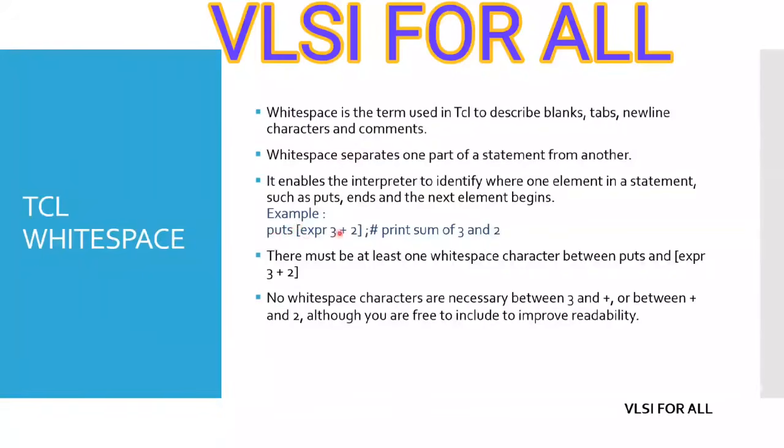After puts, one space is compulsory, and after expr, space is compulsory. But the space between 3 and plus or plus and 2 is not really compulsory because these are not commands. expr is a command, puts is a command, but these are all the digits which we give here.